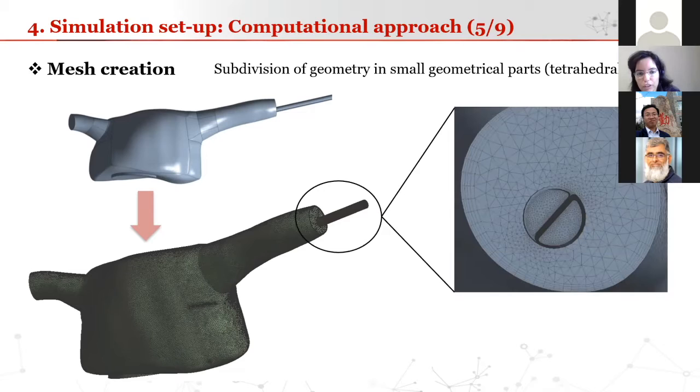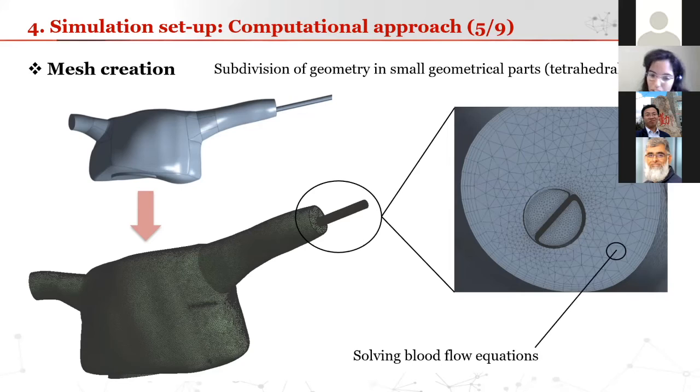If we look closer, we can see that larger elements were used for the atrium and smaller ones were used for the catheters. This is because the catheters are obviously smaller in dimension, so a larger amount of elements had to be used. For each of these tiny elements, we had to solve blood flow equations. And then what the solver does is, in the end, it compiles all the information together to get us the results that we want, either the velocity of blood or just to study the patterns of blood flow.